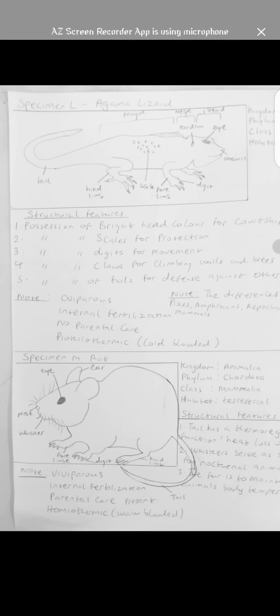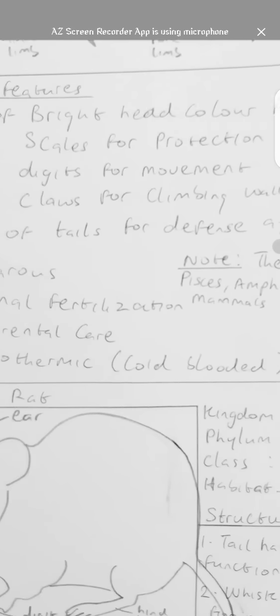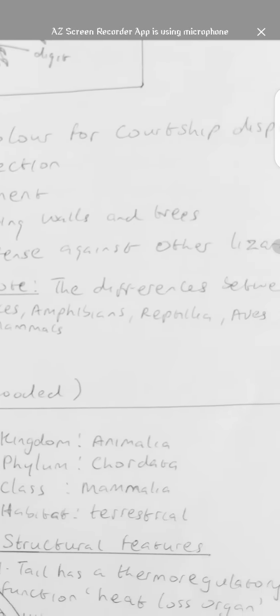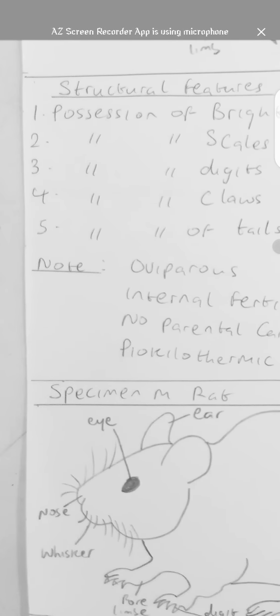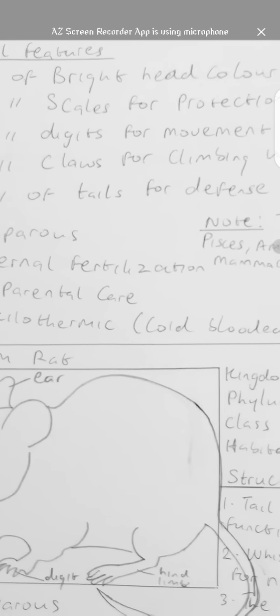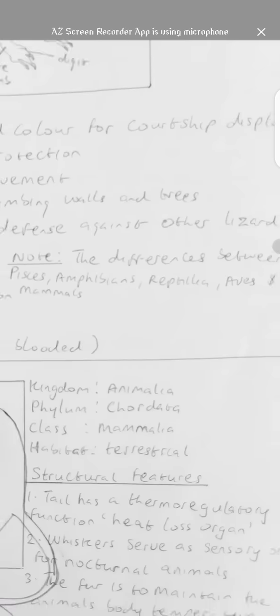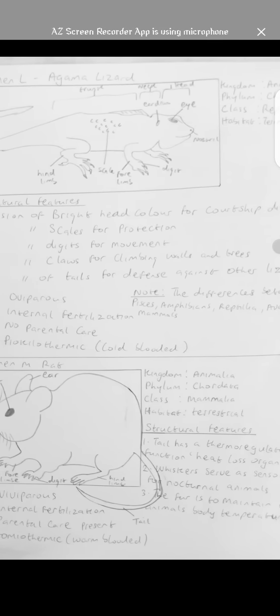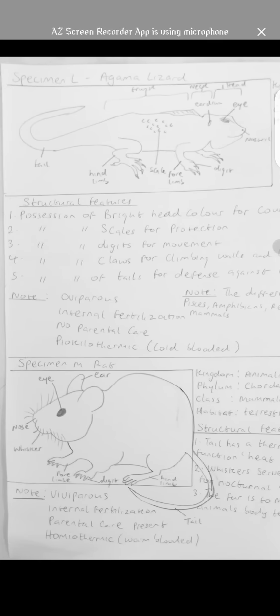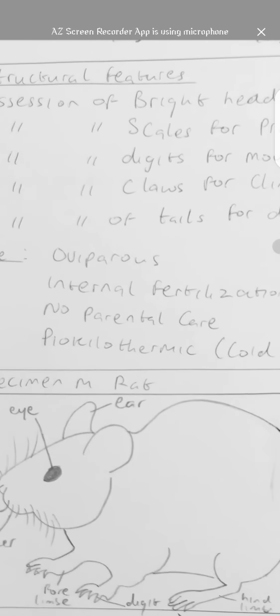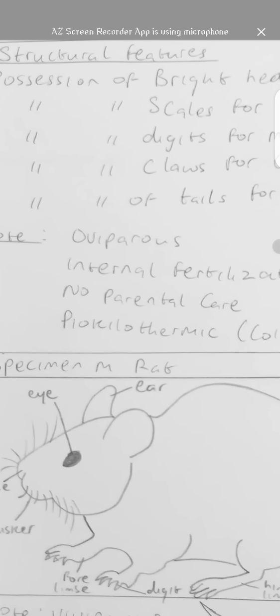Number 4, possession of claws for climbing walls and trees. Number 5, possession of tails for defense against other lizards. They're easy to fight. Okay, so note, it's an oviparous, just like birds, just like toad. They lay eggs, and even fish, they lay eggs. The only one that doesn't lay eggs is mammals.